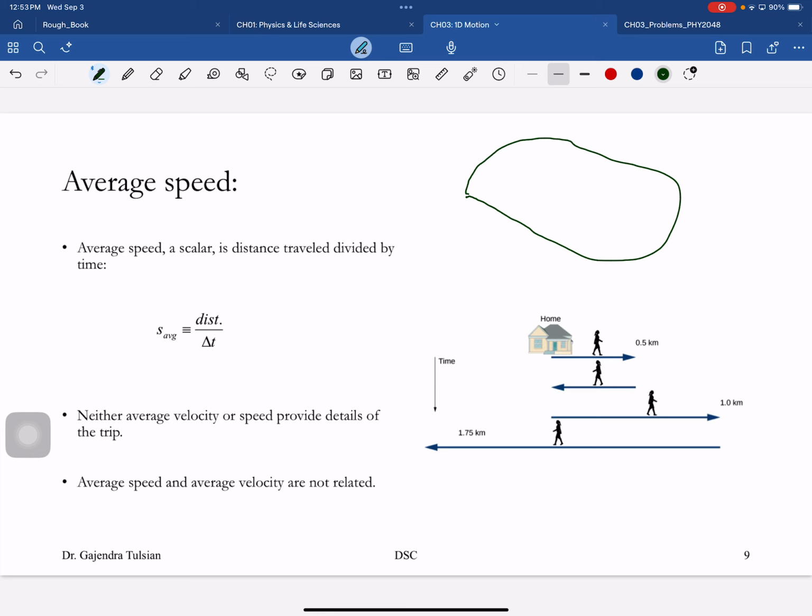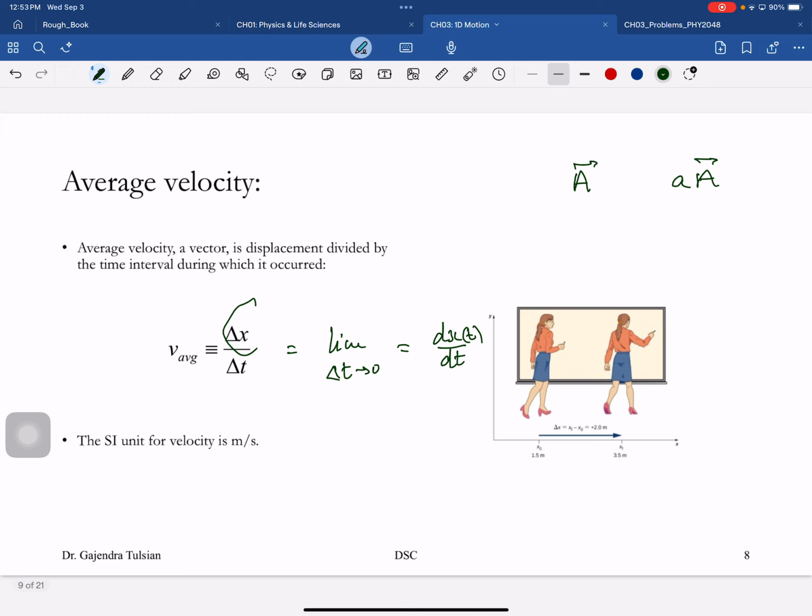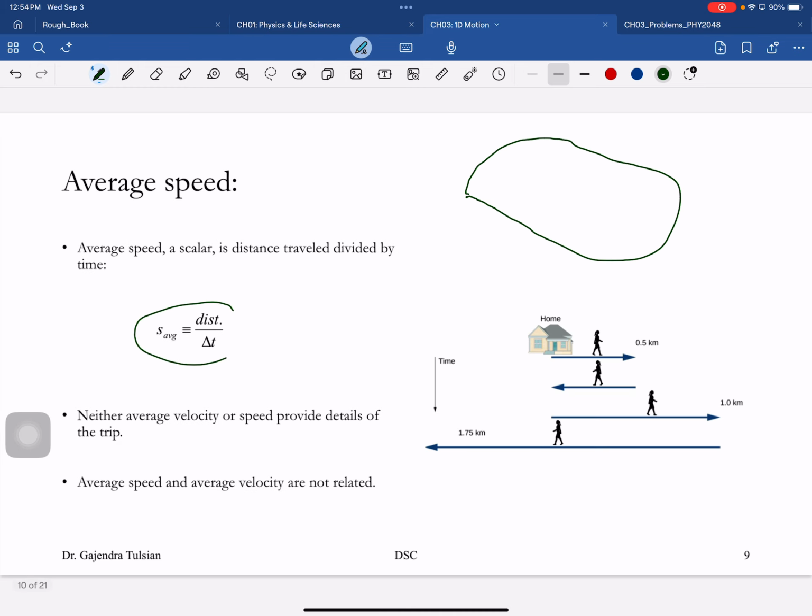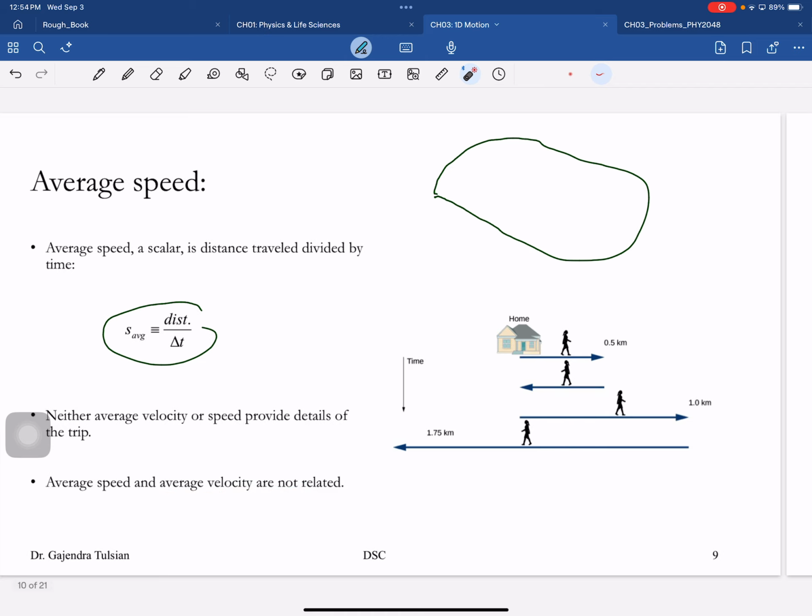Average velocity was 0. You went to Tokyo and came back. Yeah, average velocity was 0. You went to Palm Coast and came back. Your average velocity was 0. Average distance is different in every case. So average speed and average velocity are not related.